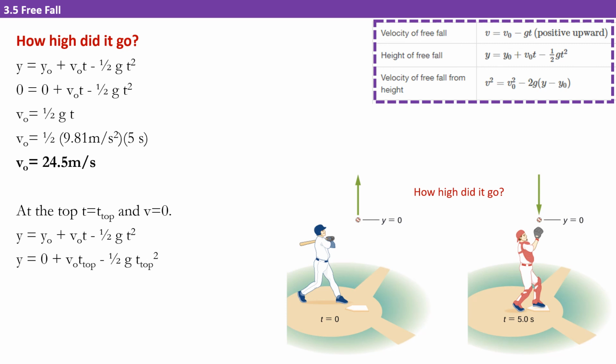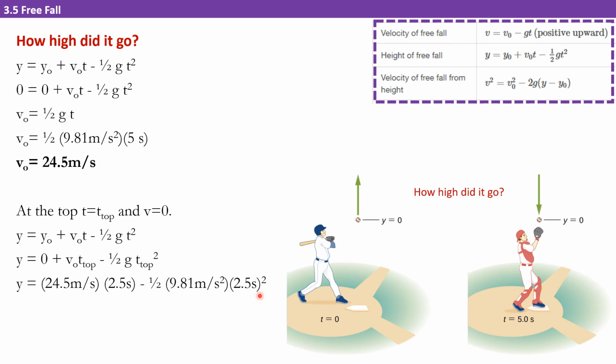Plugging those values in, now we're going to say that y is the height that it goes. And initially it's at the origin. We know this one right here from the previous two solutions we worked on, 24.5. T-top is 2.5 seconds. Plugging all of that in here, 24.5, 2.5, minus 1/2, 9.8 meters per second squared.